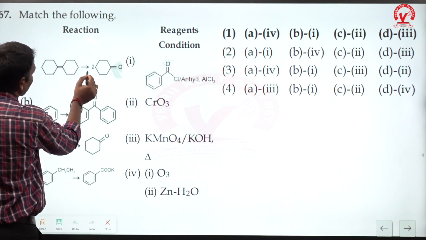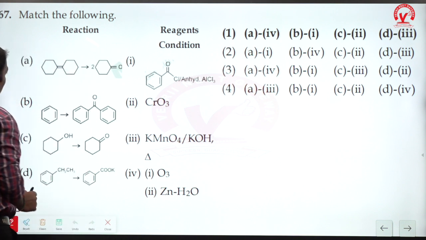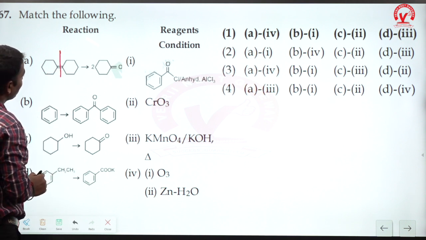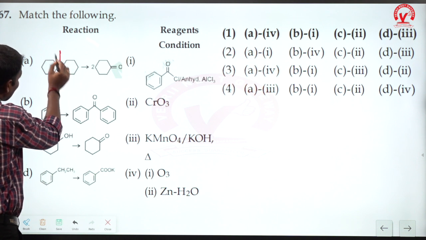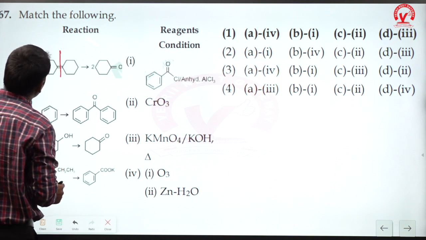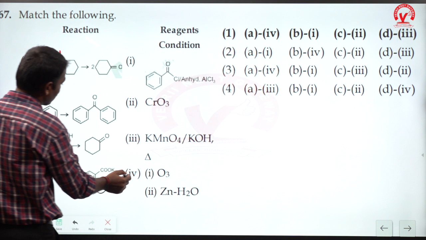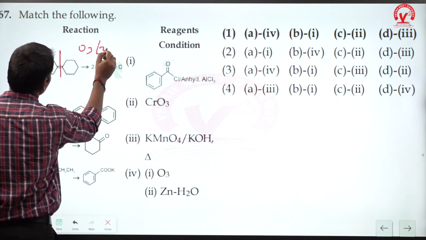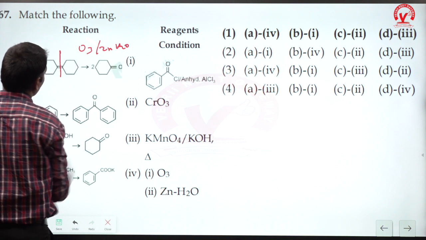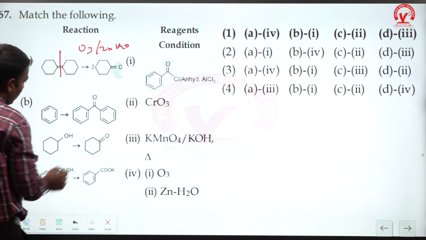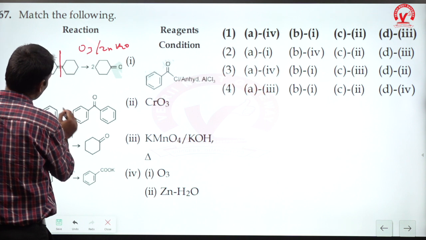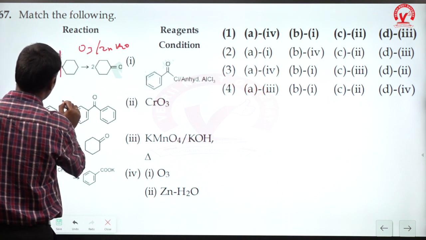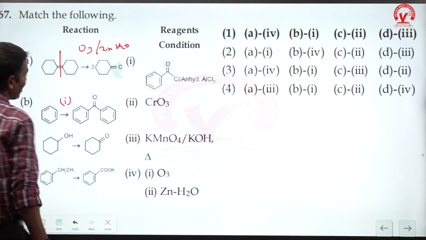Here in this first conversion, if you break this compound here, it is reductive ozonolysis, so we can take O3 with zinc in water, right? This is the correct relation. And in this case, acylation takes place here.